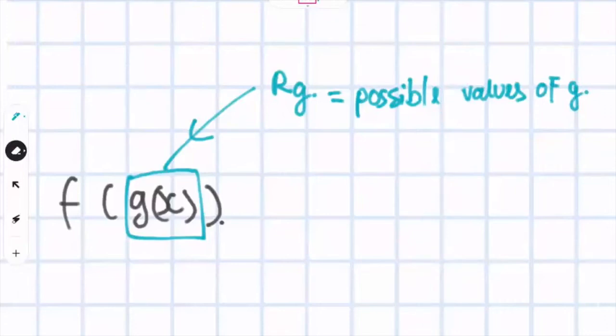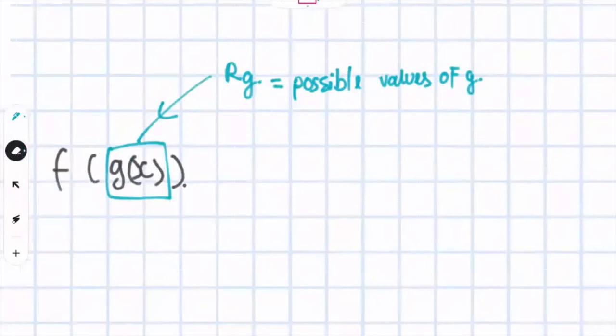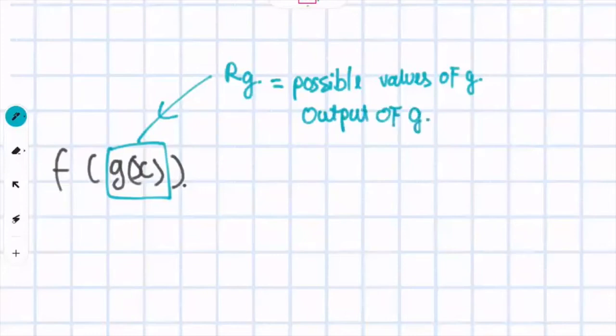Don't call it Y, call it G. Now these possible values of G, we call it the output of G. I give you input, let's say you are G, then you produce output.